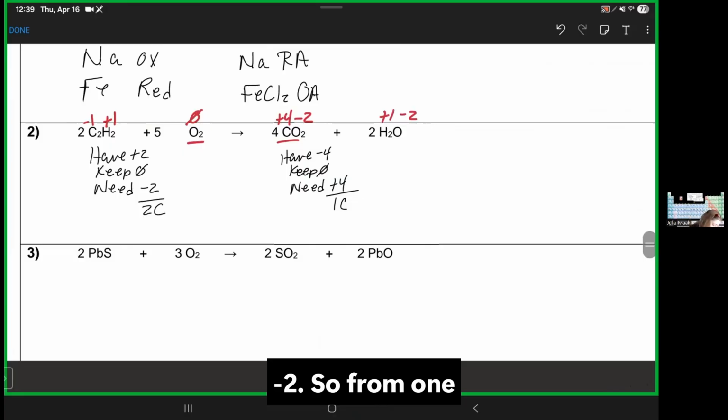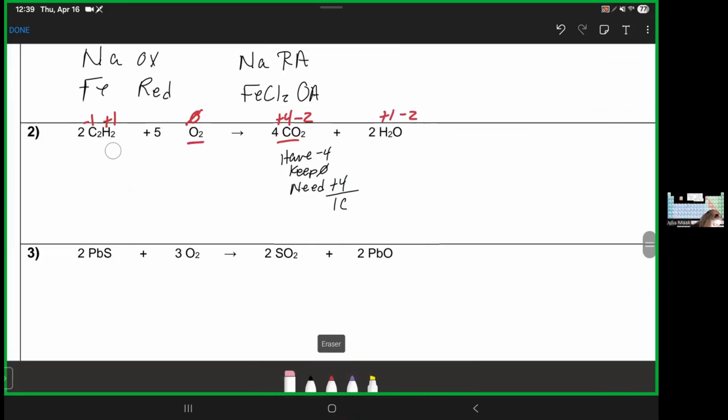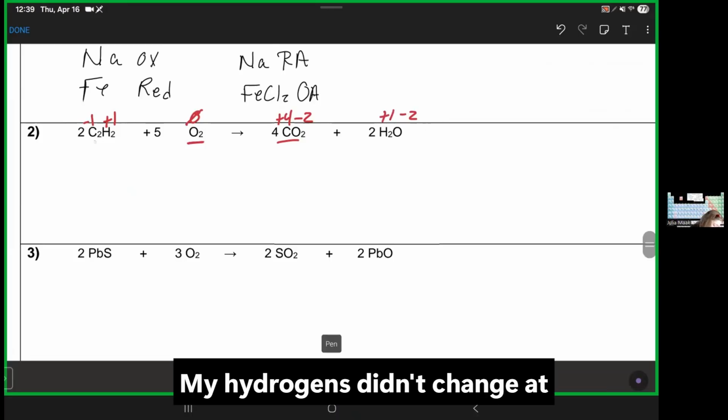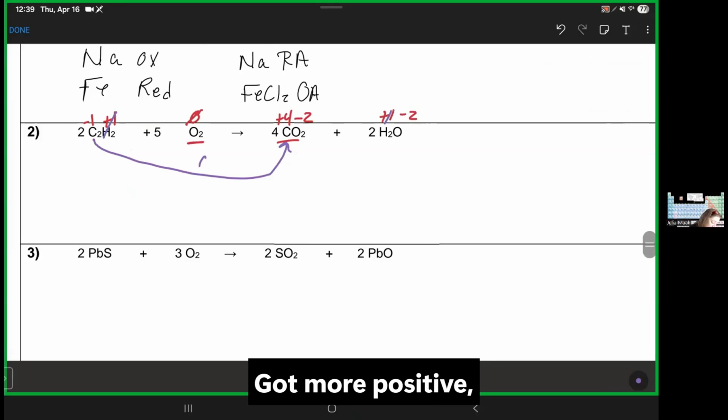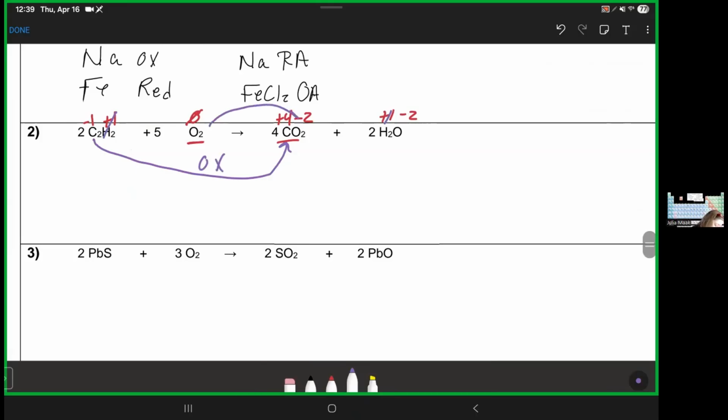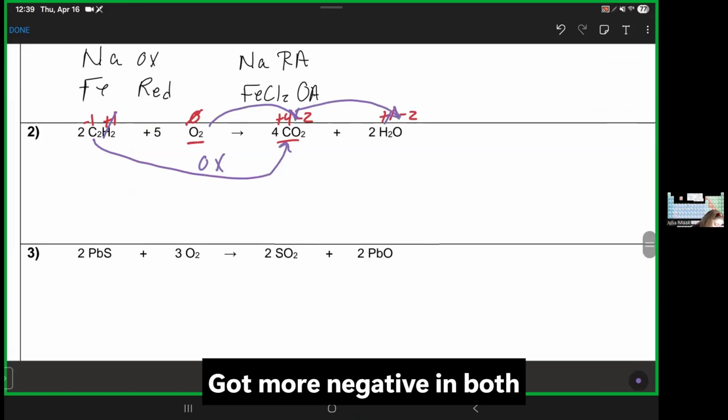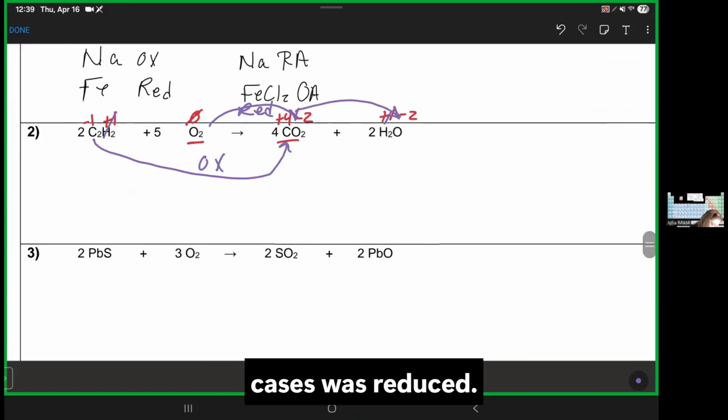So from one side to the other, my hydrogens didn't change at all. My carbon got more positive, oxidized. My oxygen got more negative, in both cases, was reduced.